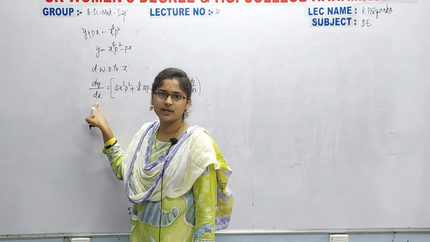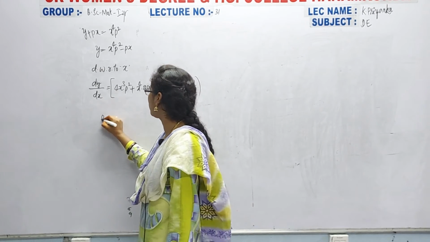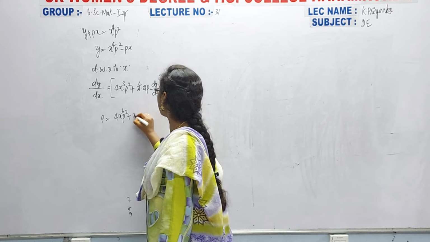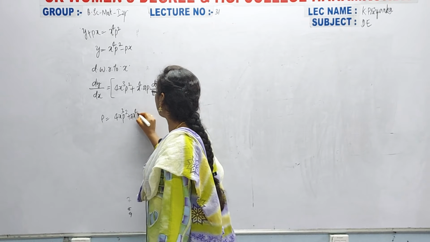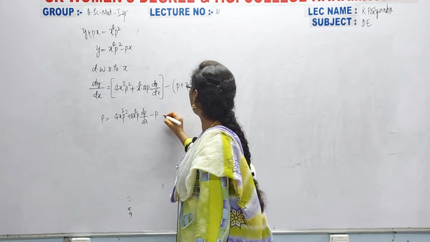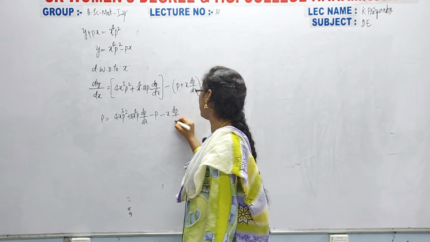Now dy by dx means p. So p equals 4x cube p square plus 2 x power 4 p dp by dx minus p minus x into dp by dx.